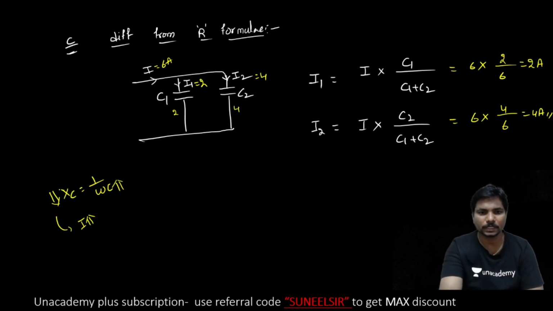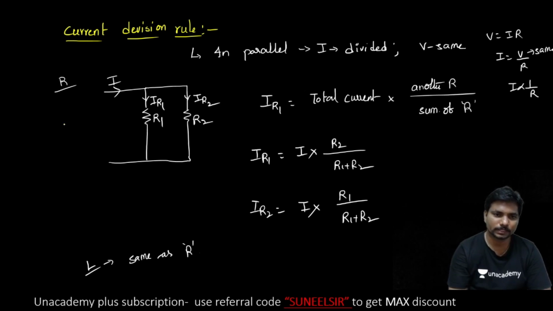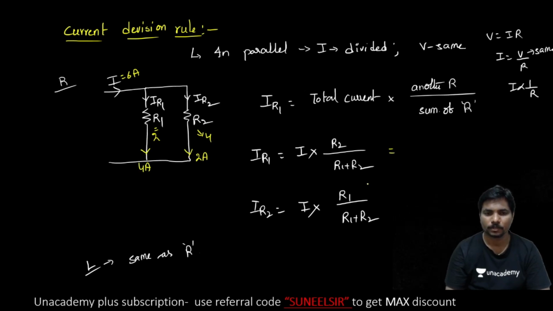In the same way, coming to resistors, let us take the same 6 amps current. R1 is 2 ohms, R2 is 4 ohms. With lower resistance, high current will flow. So here maybe 4 amps will flow, and here maybe 2 amps. You can also check: current is divided inversely proportional to the resistance ratio.